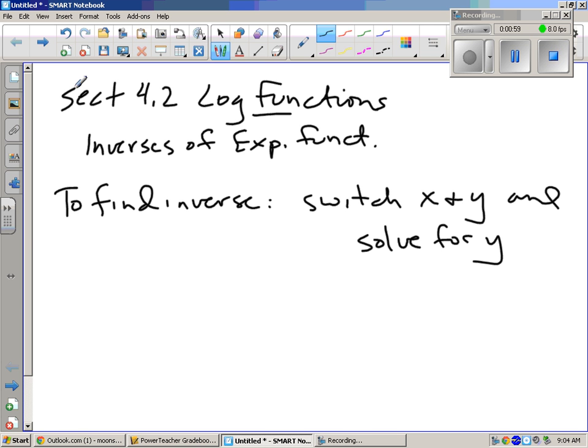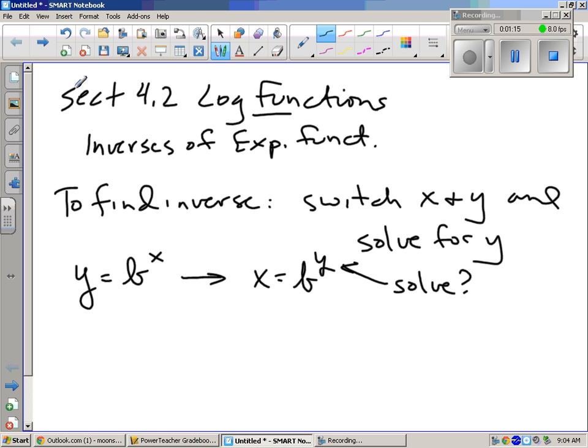So in our case, if I have an exponential function, y equals b to the x, I switch x and y, so I have x equals b to the y, but how do we solve for y? How do we get that alone? We're not used to that because it's an exponent.